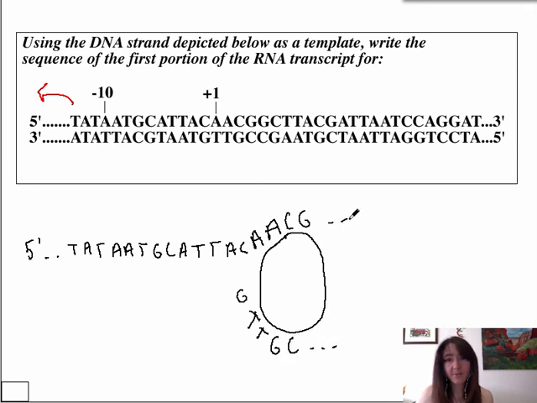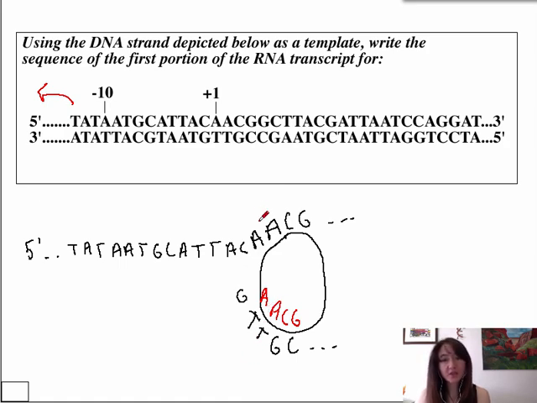What's going to happen first is that this template strand, starting with the +1 start site, is going to be used as template to build the RNA. So the T there is going to pair with an A, the T with an A, the G with a C, and this is our RNA that I'm showing in red, just temporarily pairing with the template strand.